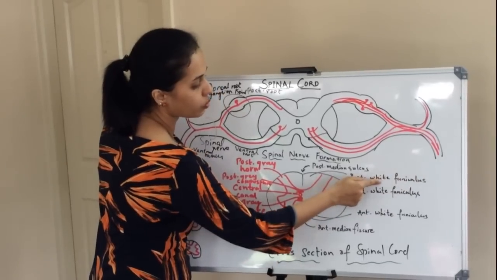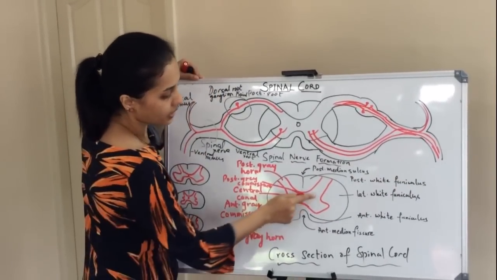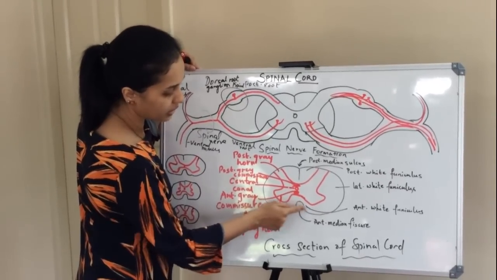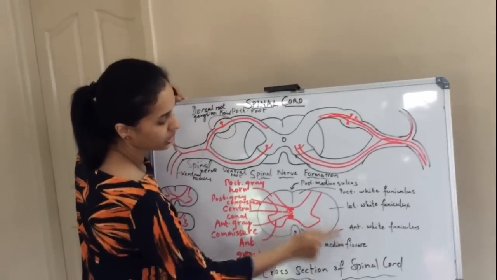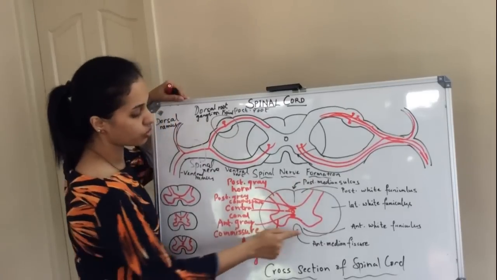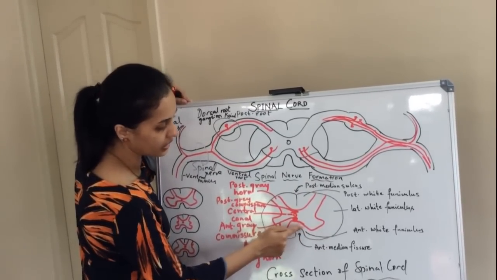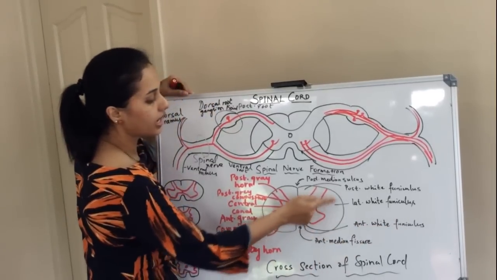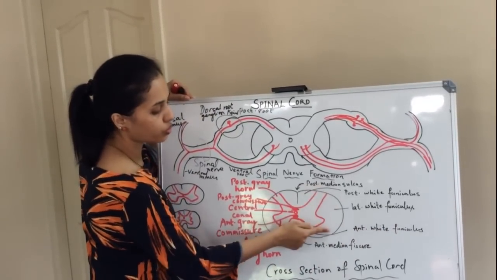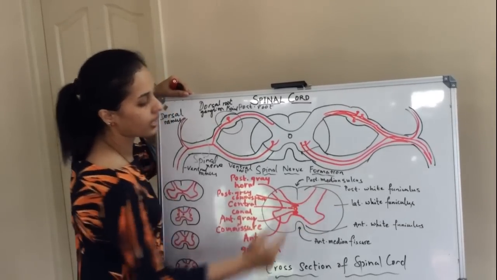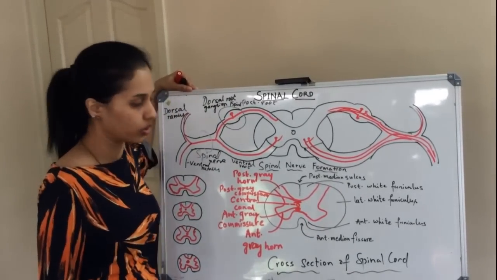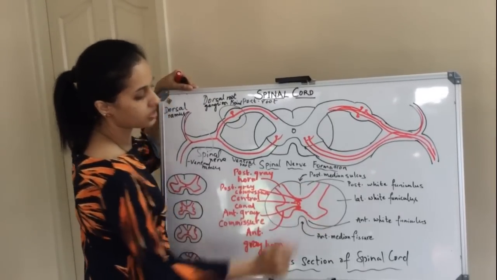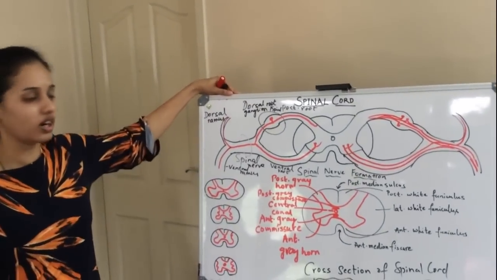Then in front, in between the anterior median fissure and the emergence of the ventral root, this area is called the anterior white funiculus. The area between the posterior root and the ventral root is called the lateral white funiculus. So there are three areas: posterior white, lateral white and anterior white funiculus, also called columns.